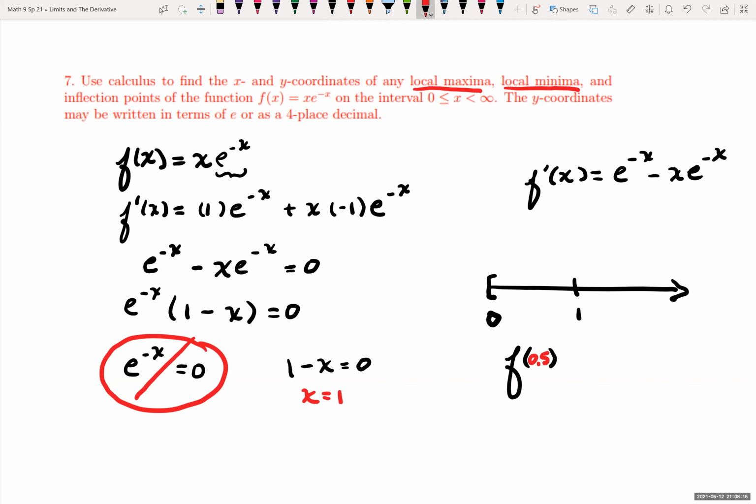Is this going to be positive or negative? If I take my e value and raise it to the negative, sorry, not negative, to positive 0.5 minus 0.5 times e to the negative 0.5. Oops, that's why I wanted the minus in there.